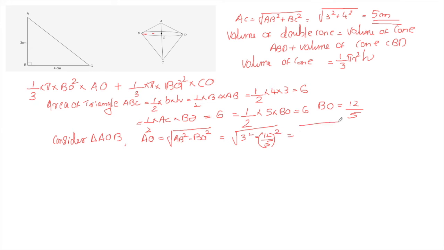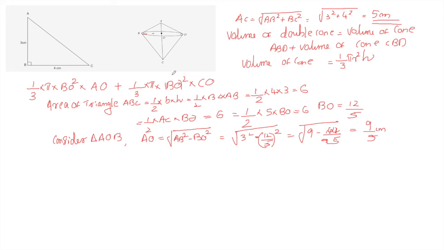After solving this we get 9 minus 144 by 25, which gives 9 by 5 centimeter. So now we got AO, and now we have to find CO.